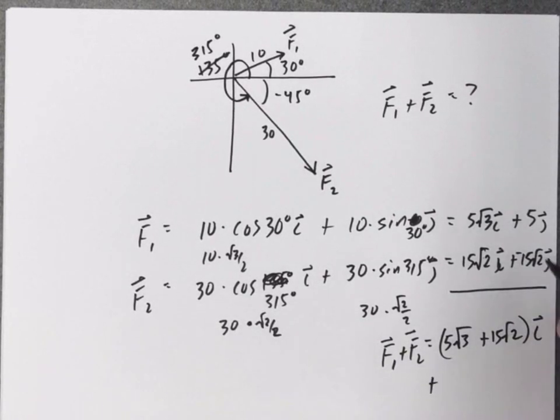And then the j part would be these, which I also can't combine: 5 minus 15 square root of 2 would be the j part. I'm thankful I caught that one error, and hopefully that was the only one. And that looks correct. So really it's a problem of adding two vectors together, but you have to first put them in the IJ form.